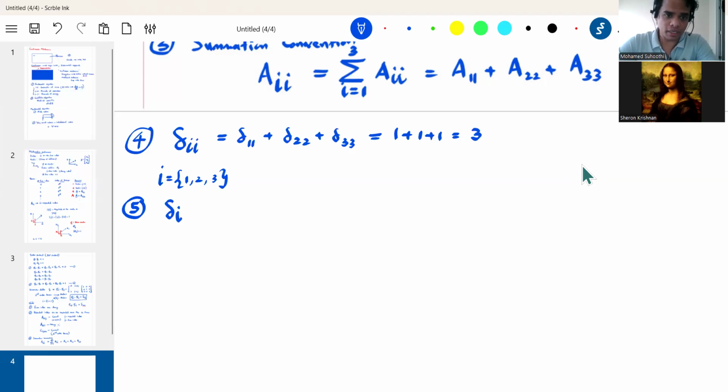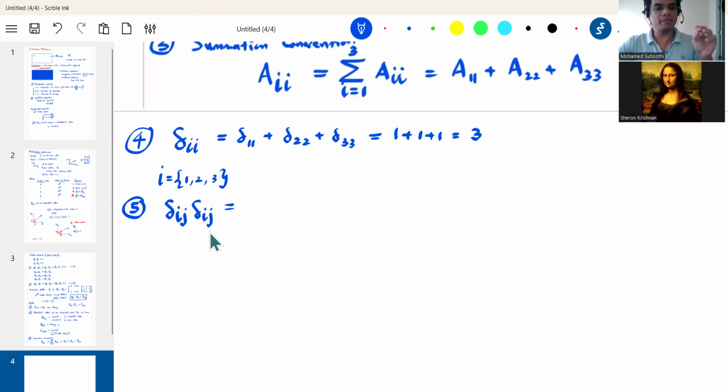When you multiply Kronecker delta, here delta ij multiplied by delta ij. Before doing any simplification, first you have to judge whether it is a scalar, vector, or tensor.